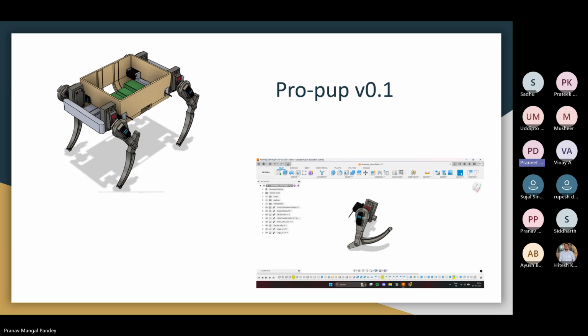So if the bot is operating in regions with sandy terrain or something like that, its legs can sink into that. Nice. Anything else?